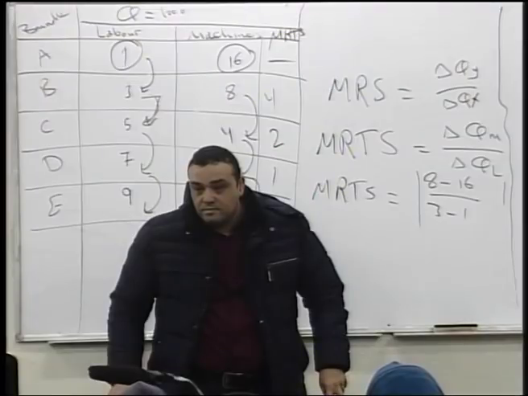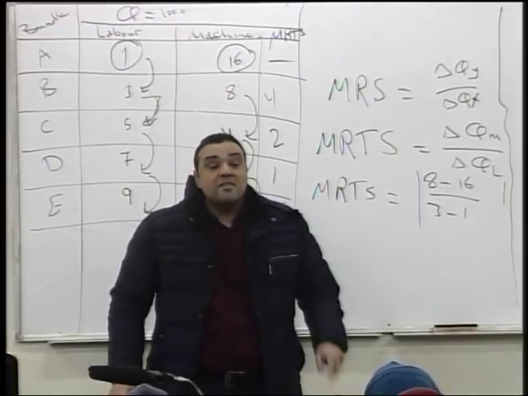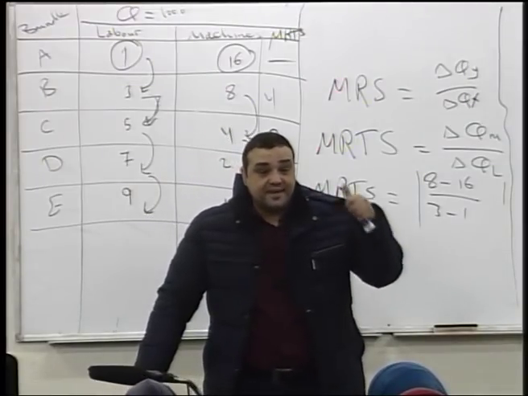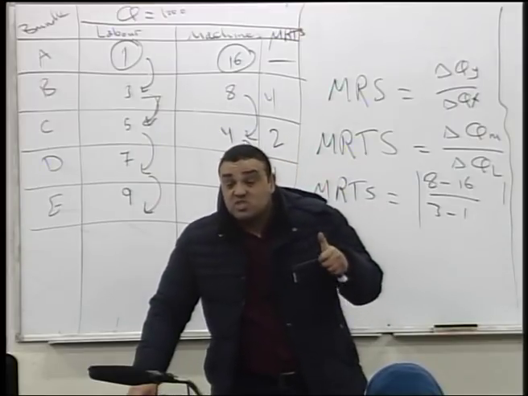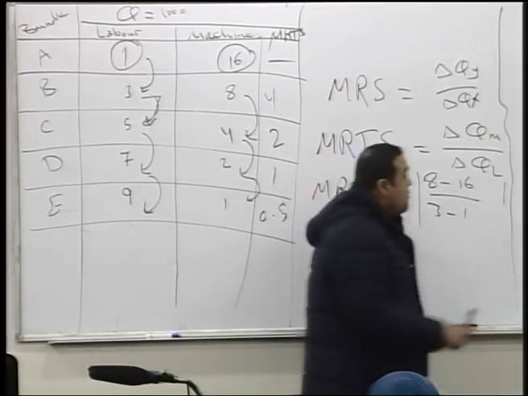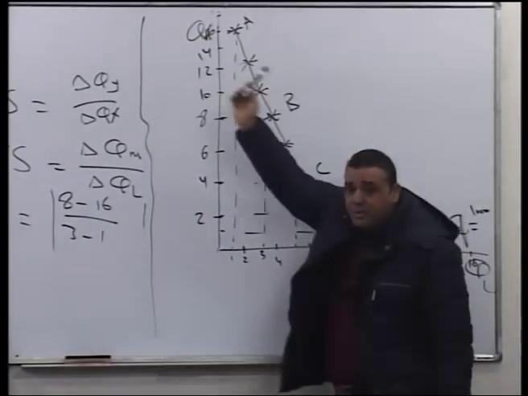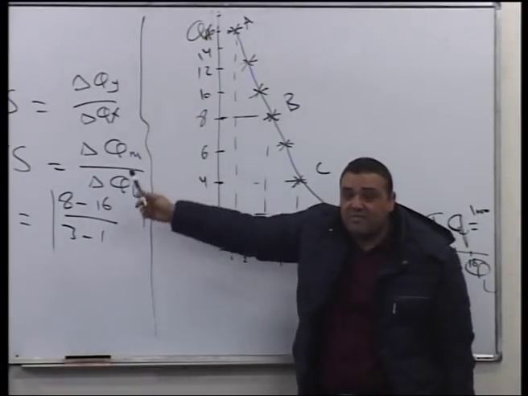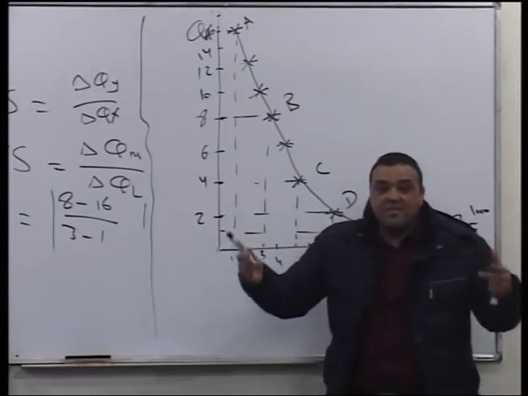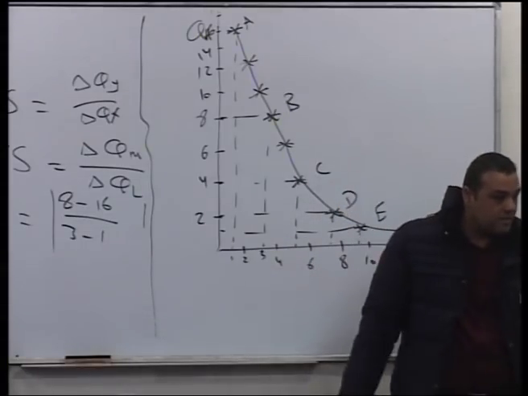Right? So the isoquant curve is a graph or a line that shows what? The different combinations of labor and machines that give the producer the same output. Right?